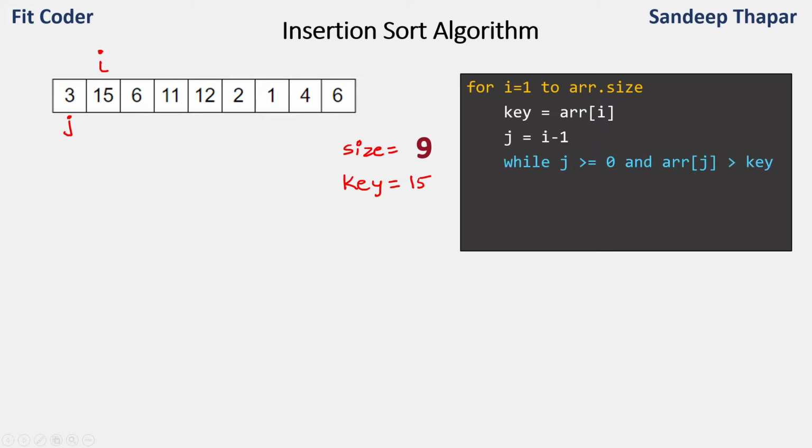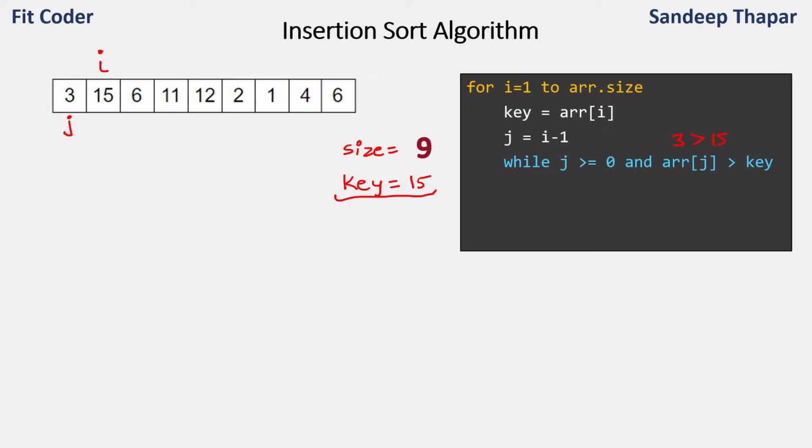Then we'll run a while loop and compare all the elements before I with the key. We are storing the value of array of I in key, and we'll compare all the elements before I with the value present in key. For the first case, array of j is 3 and key is 15.